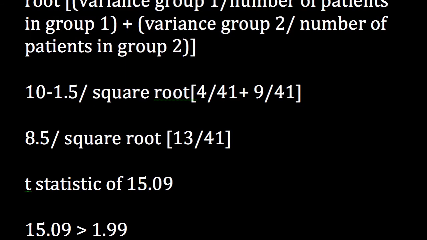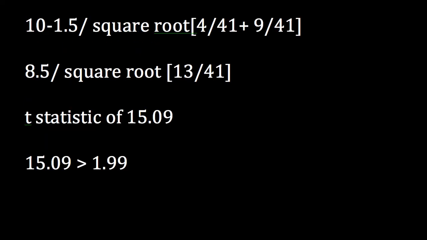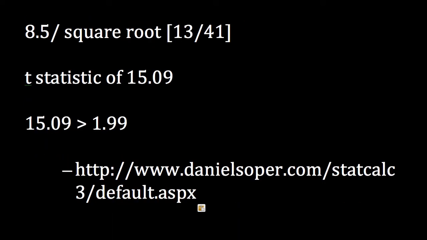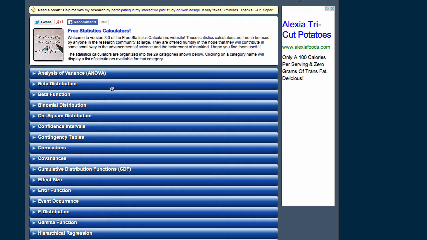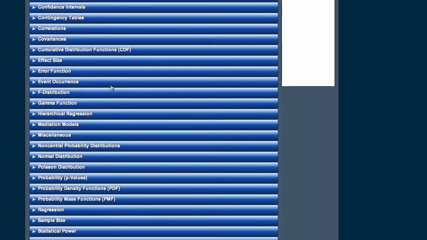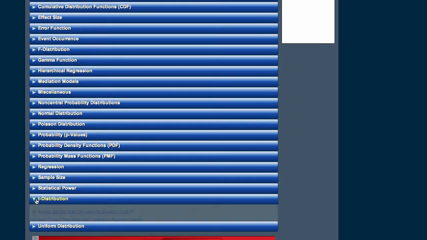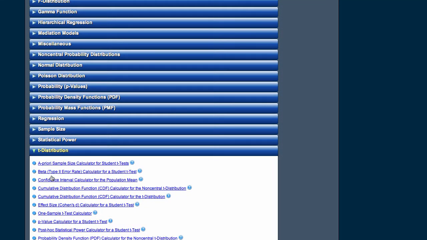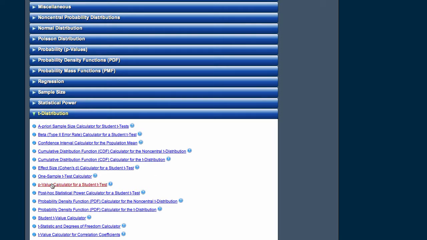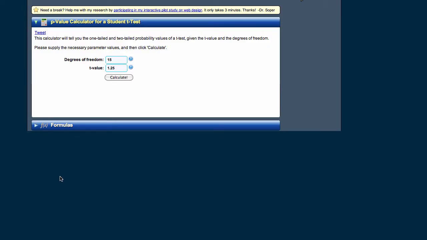And what we can do further is plug this information into an online calculator to get our p-value. So let's go ahead and do that. Here's the link for the statistics calculator we'll be using, so you can follow this. Now when we get here, we'll see that there are a number of things here. So we'll want to scroll down to t-distribution, and we'll want to get our p-value calculator for a student's t-test.